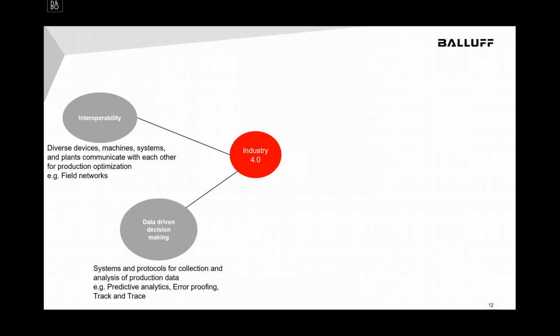For years, you have seen industrial engineers focused on collecting data about processes and improvements using Six Sigma and Kanban processes. Those were all data-driven decision-making. Now we are taking that to another level, understanding our sensors, the health of the machines and the production line, and how we can collect that data and error-proof our systems and do track and trace.